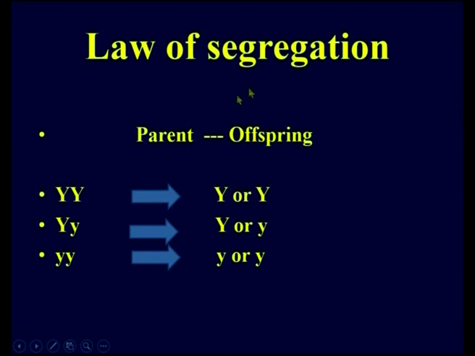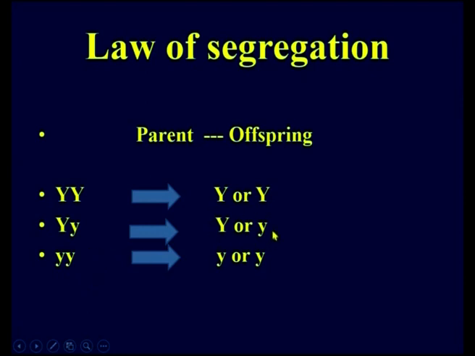Now let us try to understand the law of segregation in terms of homozygous dominant, homozygous recessive, and what happens in the heterozygous condition. If you are talking about homozygous dominant Y and Y, one gamete will get either this capital Y or this capital Y. In the same way, in homozygous recessive, each gamete that is formed will get the recessive allele, this one or this one.